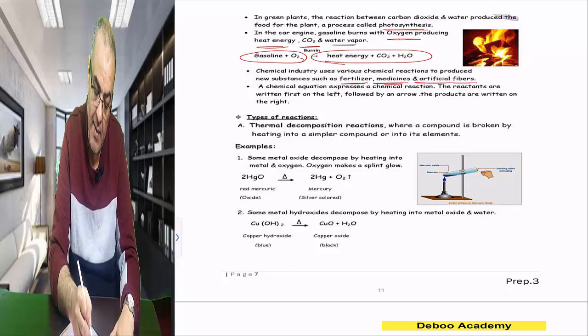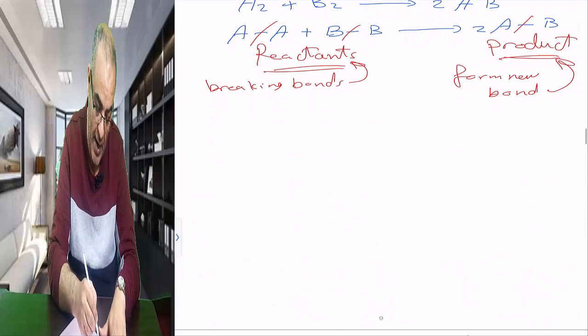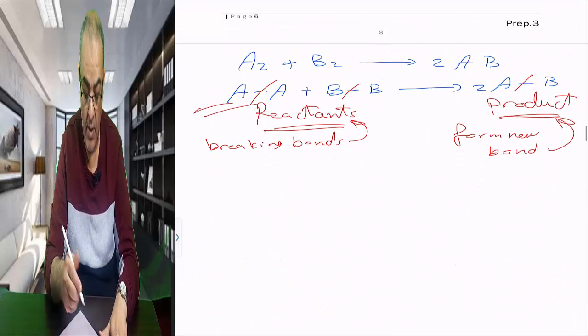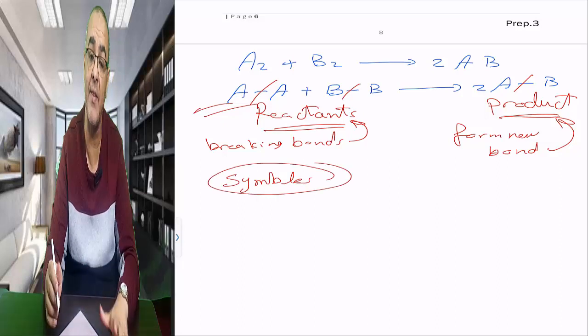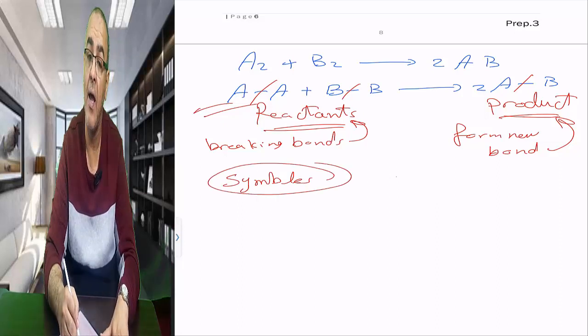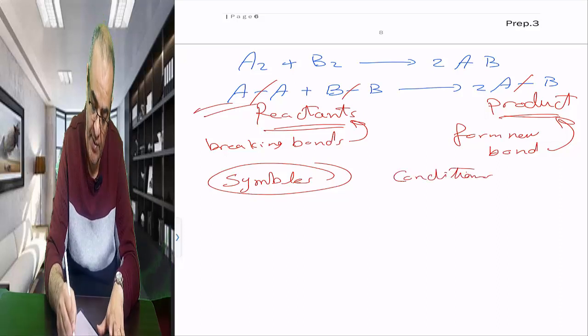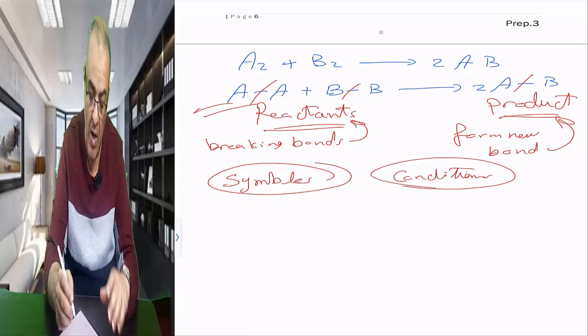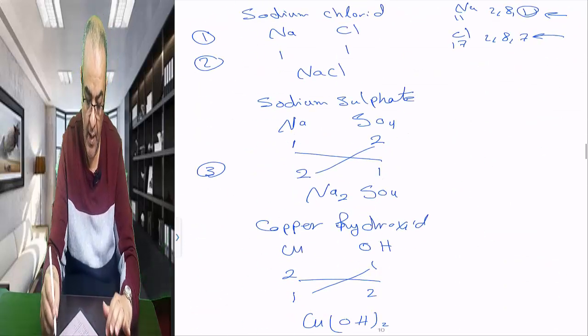Chemical equation, you saw this one, as we write here, it's a chemical equation. It is symbols that represent the reactants and the products and the conditions of the reaction as they are present. If there is a condition, we have to write it here above the arrow.